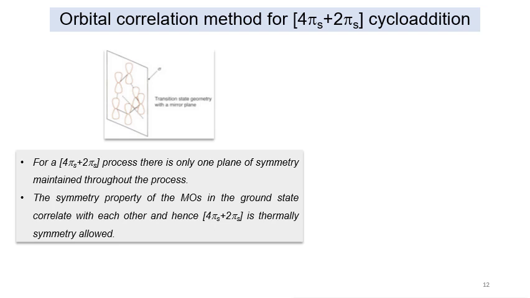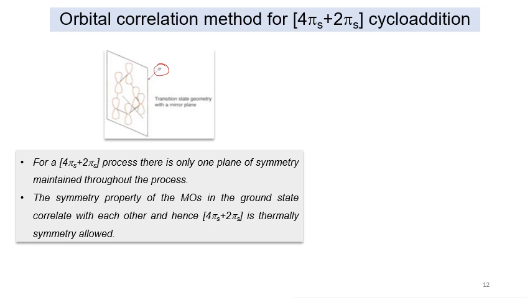Let's now go to the 4 pi s plus 2 pi s process. You can see here we do not have two planes of symmetry. There's only one plane of symmetry here. We call that sigma, and it is maintained throughout that particular process.